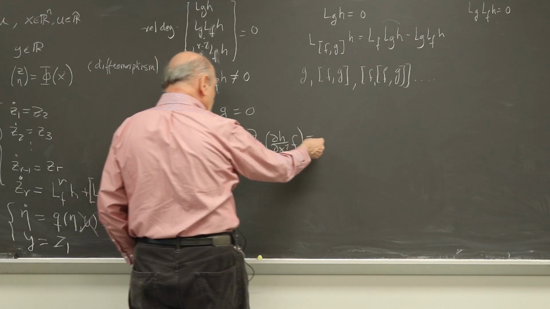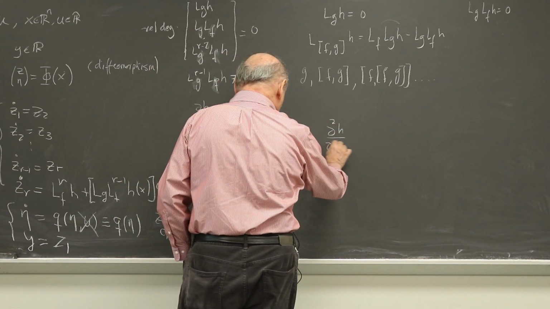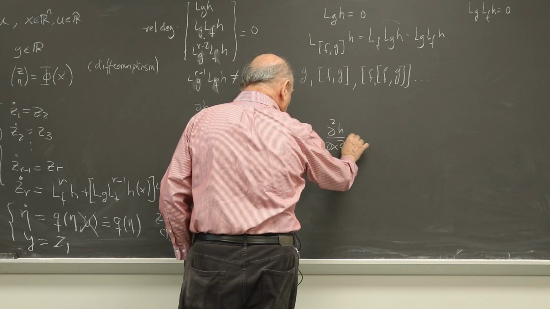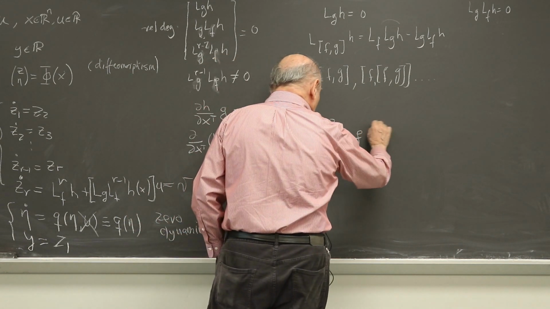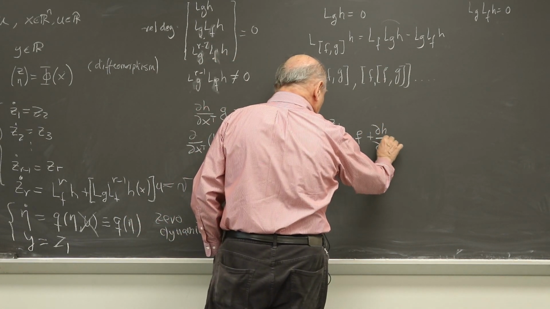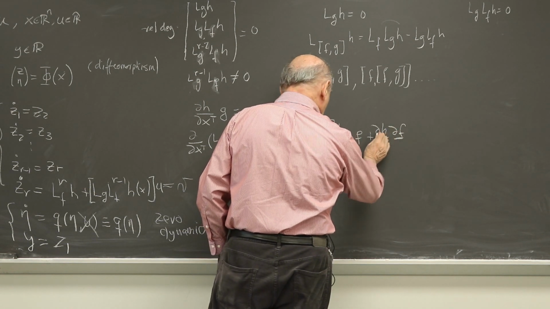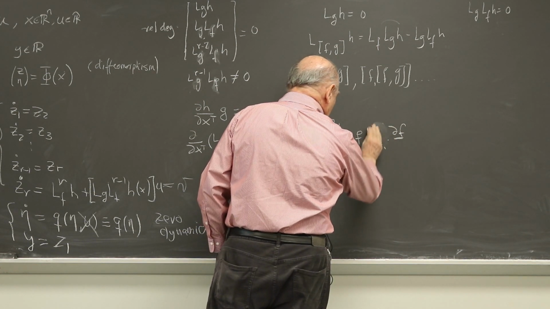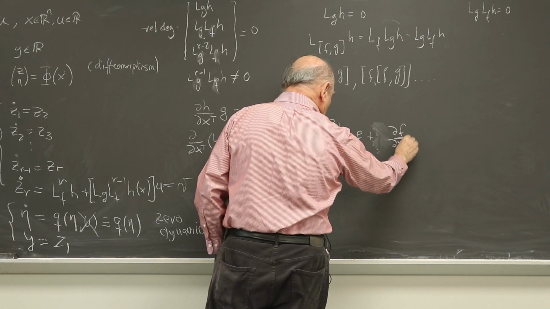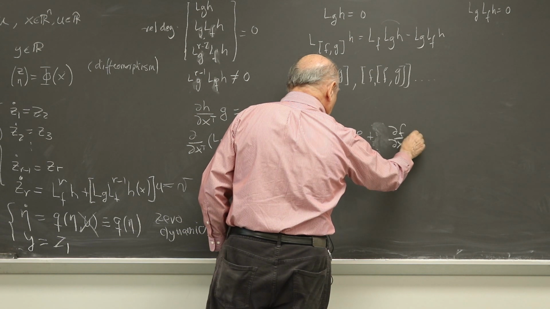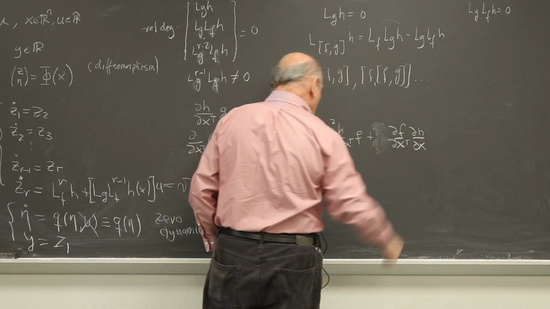I would have the derivative of the first times the second, so I have the Hessian matrix times F, plus partial of H with respect to X, partial of F with respect to X, and in order to preserve the dimensions, I'll have to put partial of F with respect to X transpose as a matrix times the partial of H with respect to X as a vector.